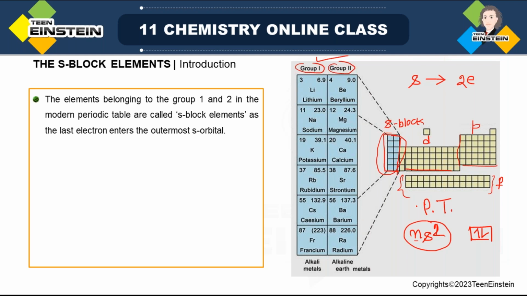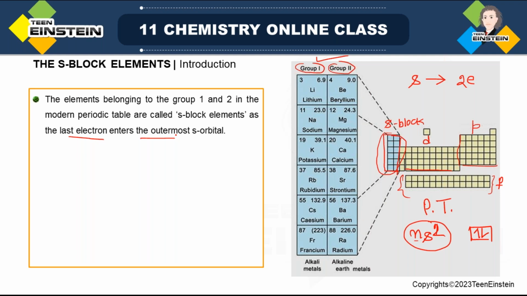And the reason why it is S block is that the last electron of the elements we are considering in this particular block enters the outermost S orbital. Depending on the last electron, whether it is entering S orbital or P orbital, we can have different blocks.